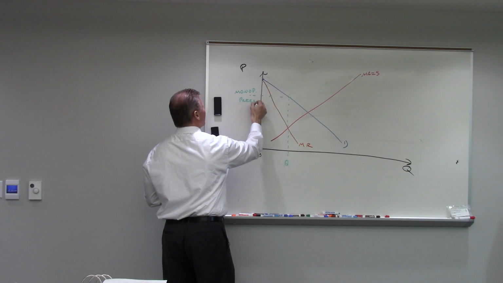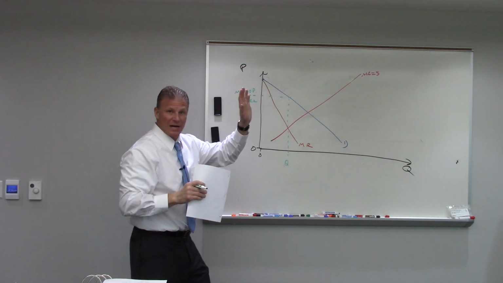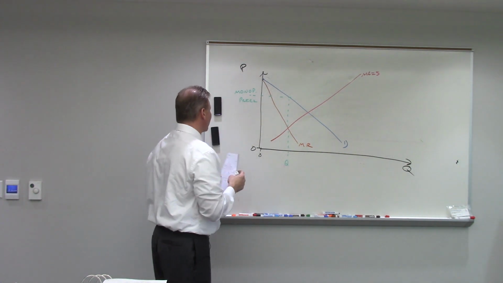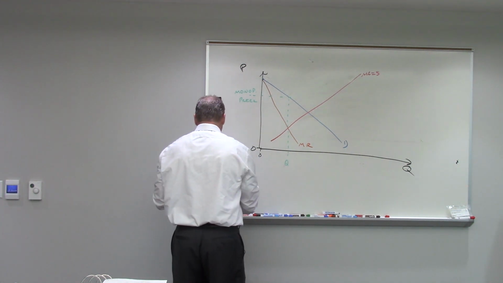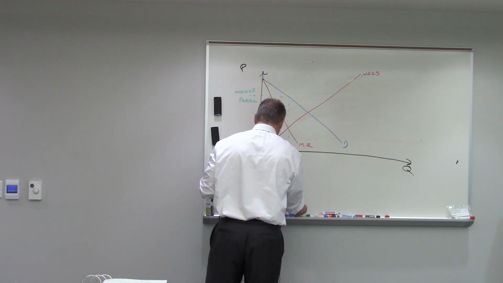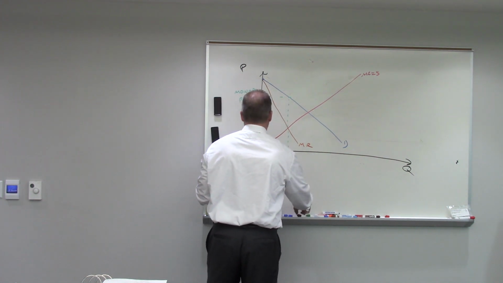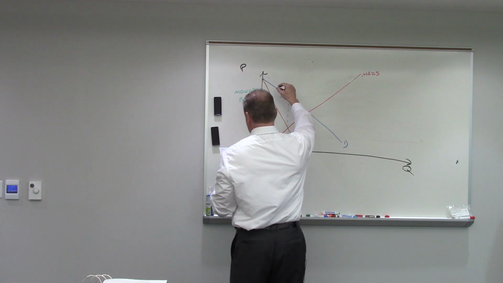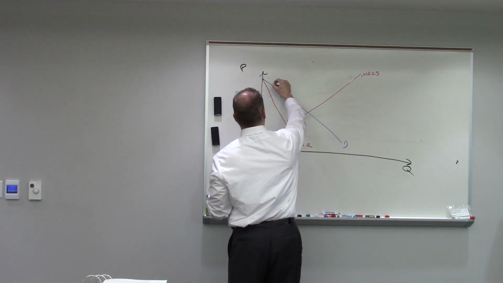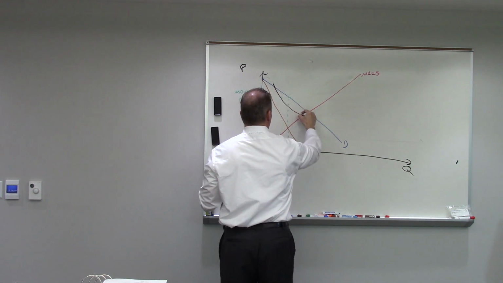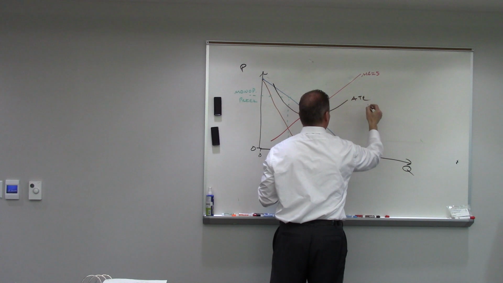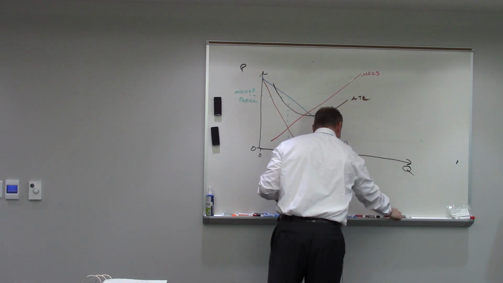Now, remember this is a monopolistic competition firm, so when I say monopoly price, I'm talking about the MC firm, and that's fine. One thing we're going to add here, and let's go with a little brown, is an average total cost curve, so an ATC there.